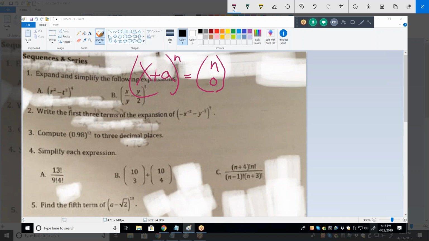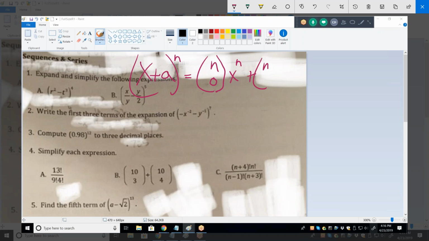You know what that means? N choose 0. Is that a combination? Yes, it's a combination. Not a permutation, but a combination. And it turns out that all of these coefficients of the expansion are n choose. Here, let me write the next term.